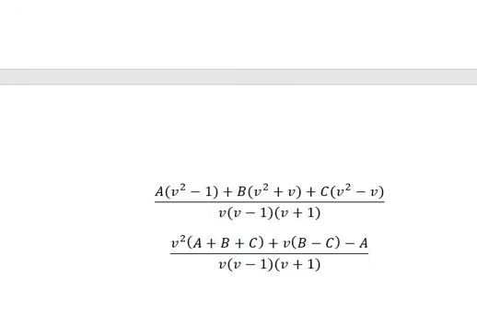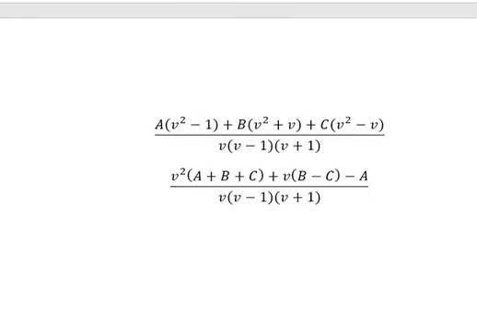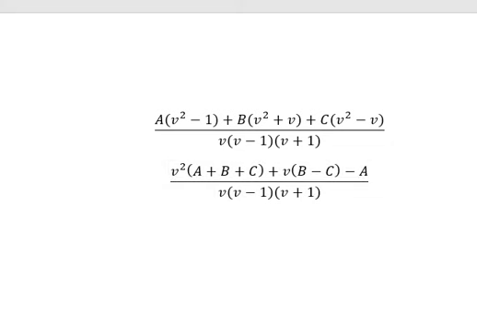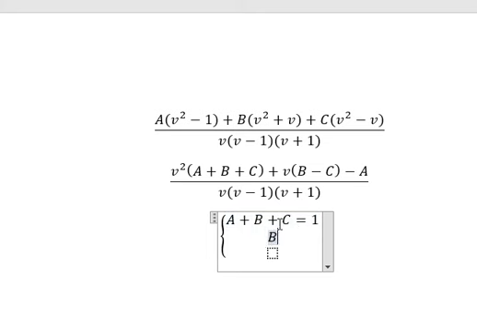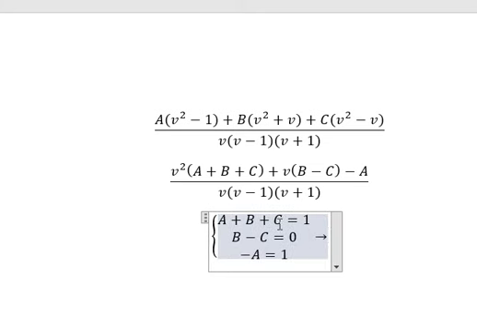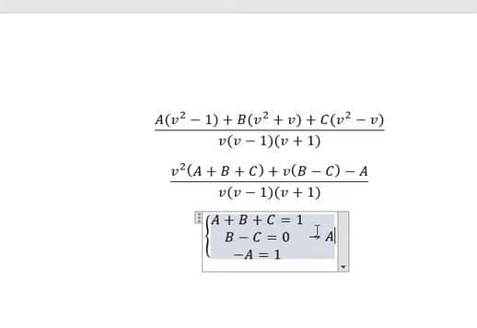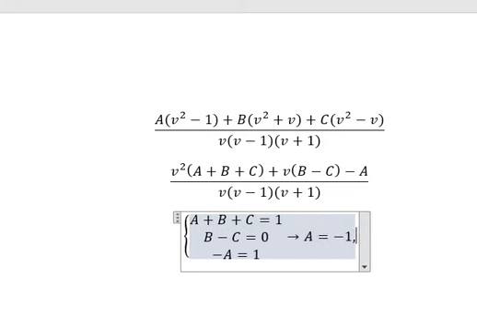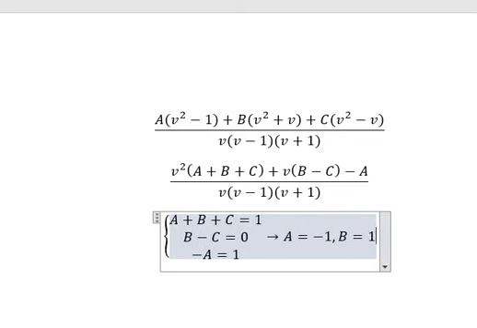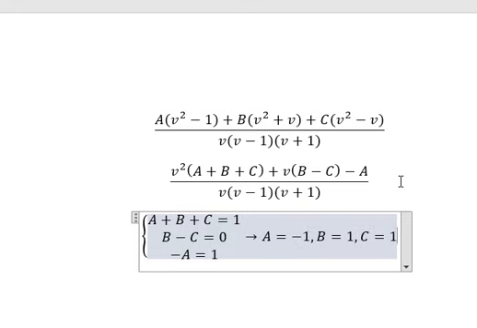And now we need to create the system of equations. And now we need to find the solutions of A, B, C. So A equals negative 1, B equals 1, C equals 1.